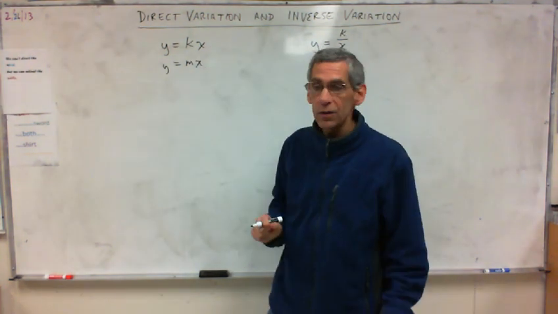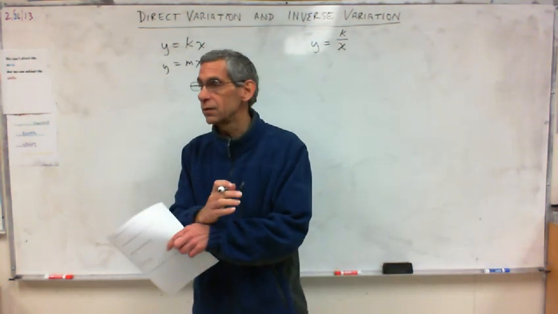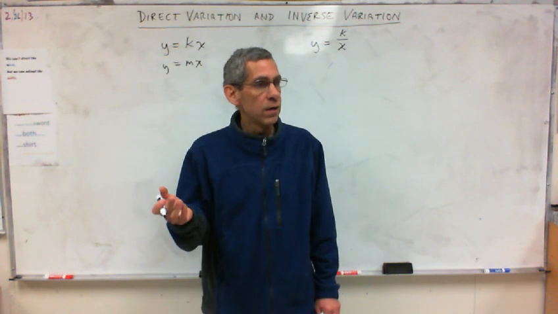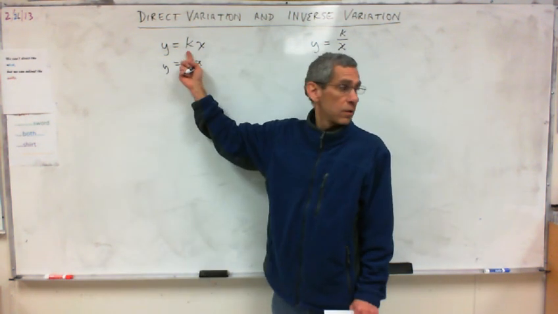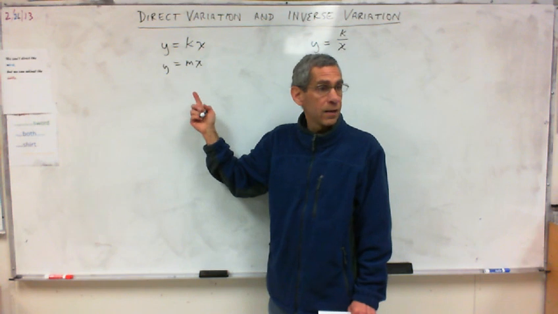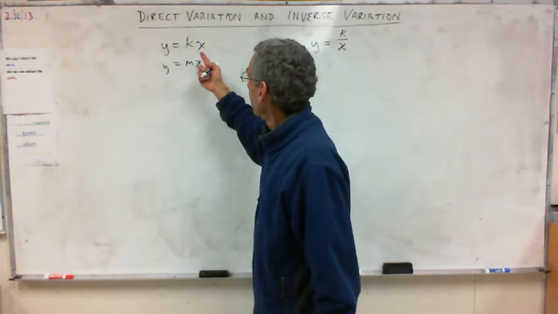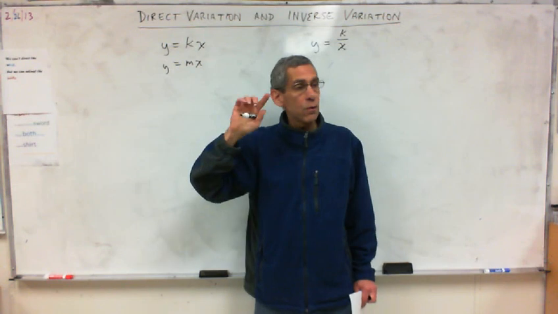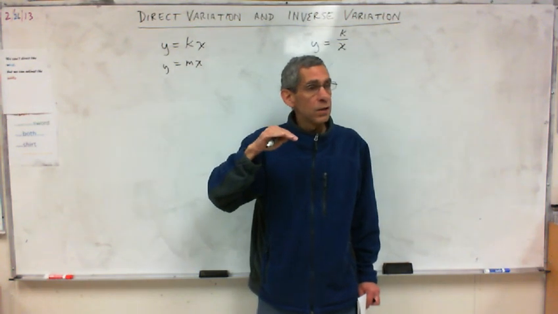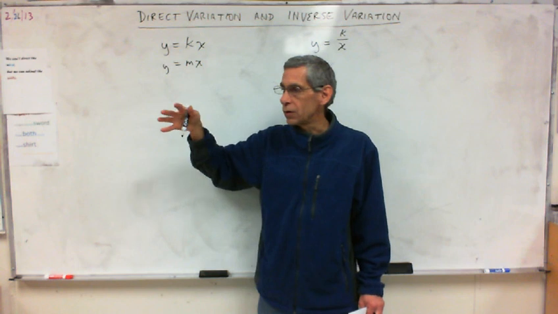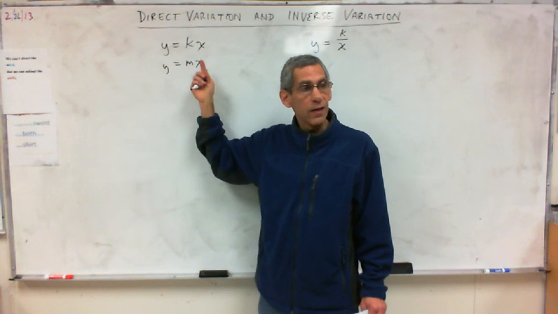So y equals mx or y equals kx. It doesn't really matter. Some people say y equals ax. It really makes no difference what variable you use, the k or the m or an a. It just depends on the textbook. But just remember, when you write a two-variable equation, you always have a y and you always have an x.